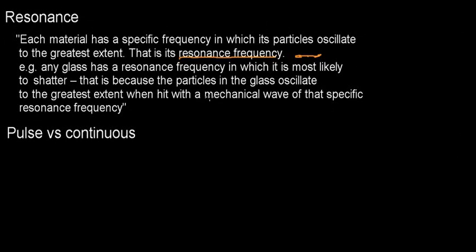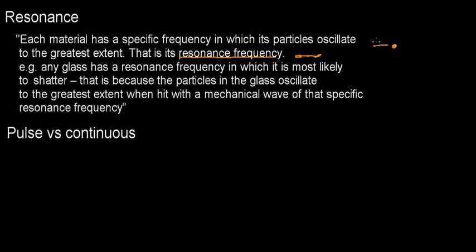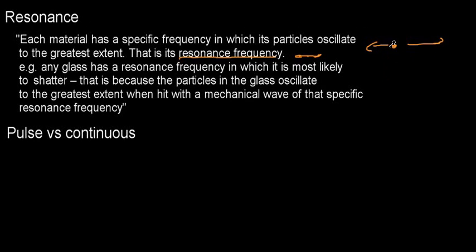That is because the particles in the glass oscillate to the greatest extent when hit with a mechanical wave of that specific resonance frequency. And again, I just want to make sure, maybe I made a mistake and said that the particles are moving to the right and then to the left. They're not really moving, they're just oscillating. This is what they're really doing, they're oscillating. It's not that one particle goes over there and one particle goes over there. Just to make sure that we're on the same page here.